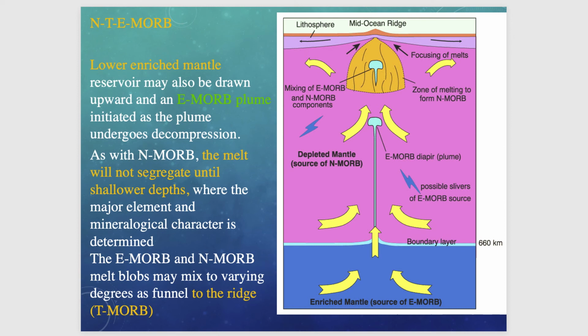So I was saying that while the E-MORB rises from diapirs, it reaches the N-MORB zone, so the zone of melting for the normal mid-ocean ridge basalts.